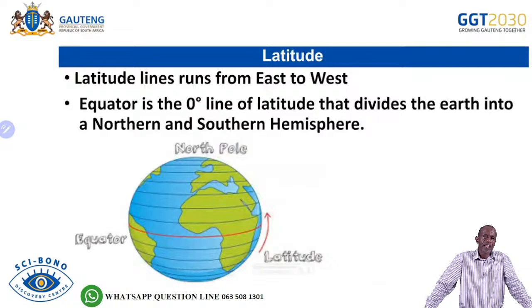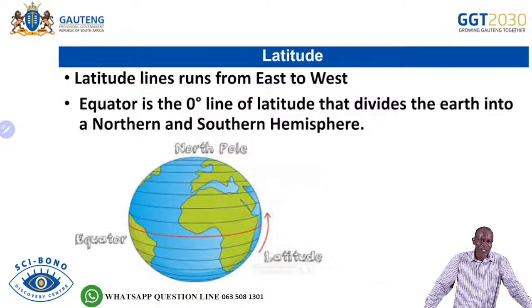Now, a latitude is a line on the map that runs horizontally from east to west, the equator being one example, and it is at 0 degrees.